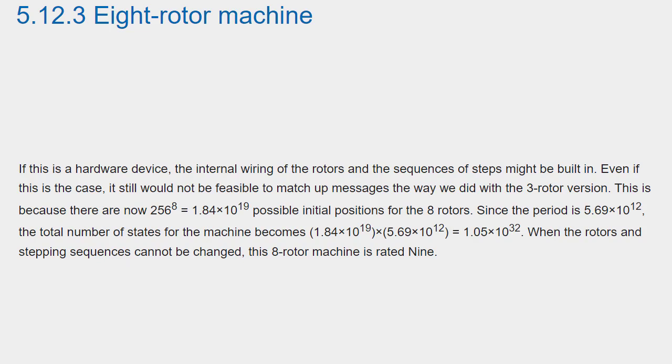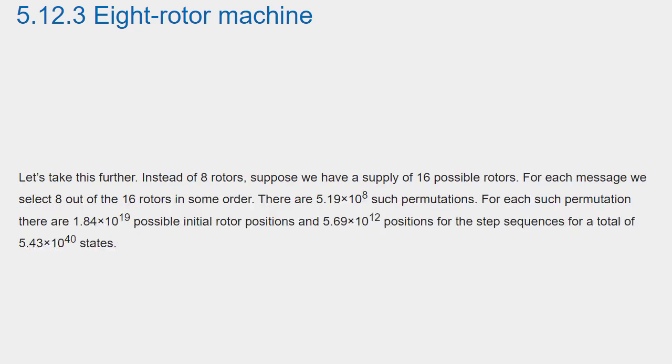Since the period is 5.69 times 10 to the 12, the total number of states for the machine becomes 1.84 times 10 to the power 19 times 5.69 times 10 to the 12 equals 1.05 times 10 to the 32. When the rotors and stepping sequences cannot be changed, this 8-rotor machine is rated 9.